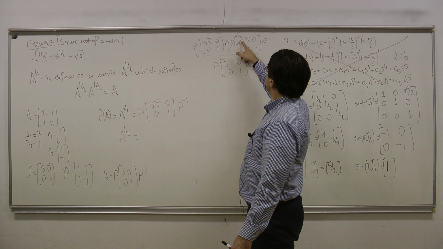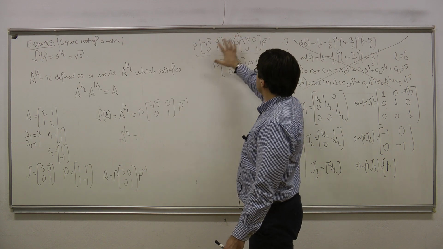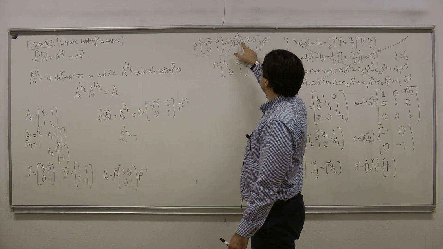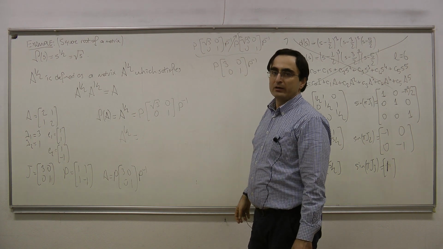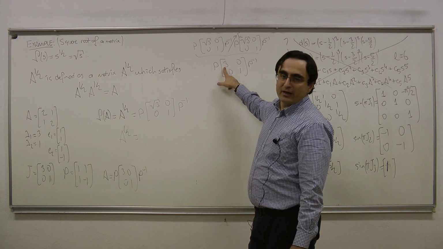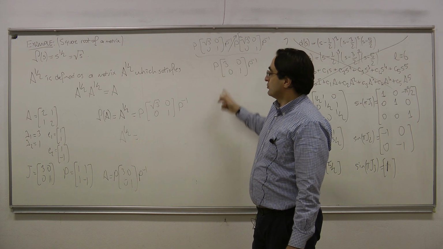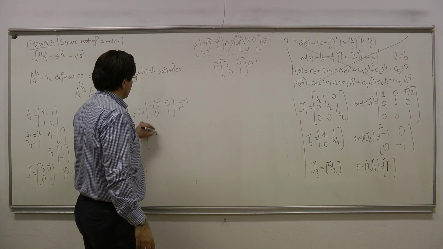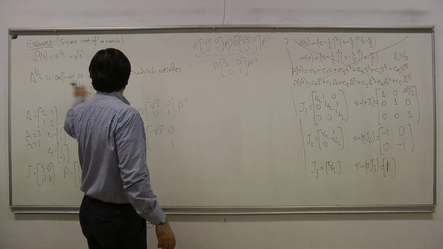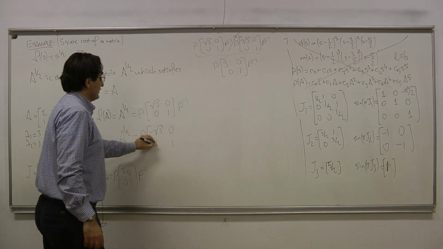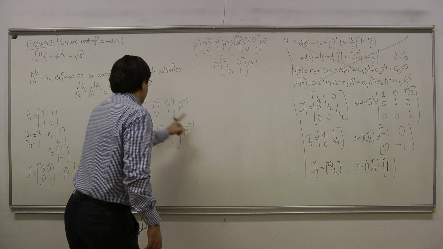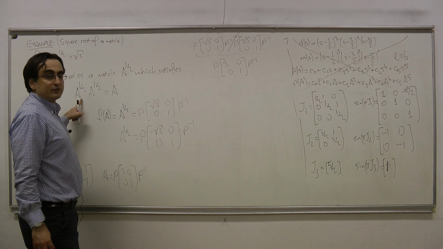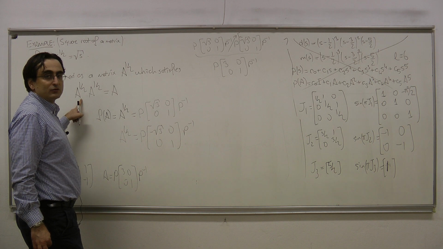In that case, all of the computations would be the same, except minus square root 3 will be multiplied by minus square root 3, which is going to give me 3 again. So I can define another square root as this, according to this definition. This matrix, which is different than the first one, also satisfies the square root definition.